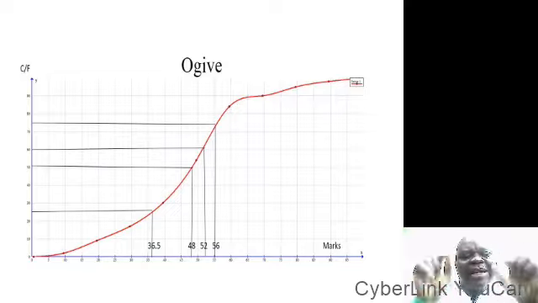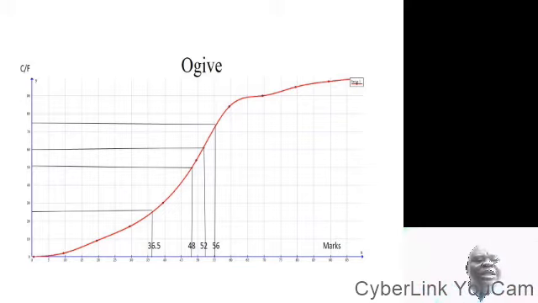Remember, I told you that the median is at the middle, and since we have from 0 to 100, the middle of 0 to 100 is 50. Go to the vertical axis and check where you have 50. Use a ruler, a straight line, to trace it to the ogive.